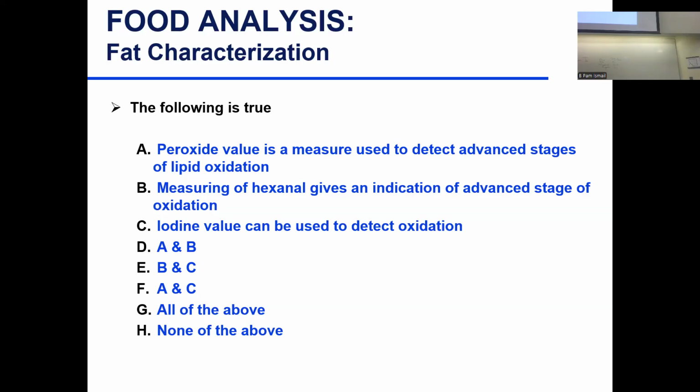Oxidation usually attacks double bonds, and then the double bond is no longer a double bond, right? So the iodine value will decrease in an oxidized oil because your number of double bonds will be lower. We're going to talk about that in more detail, but for now, just put B and C is correct.